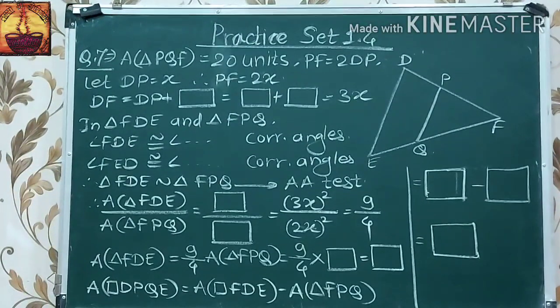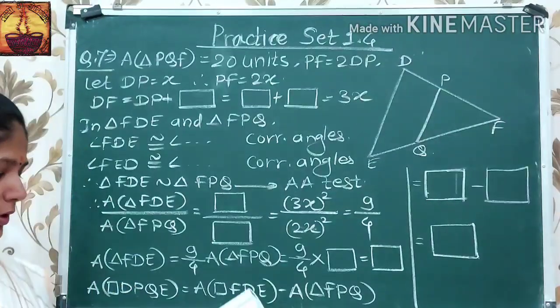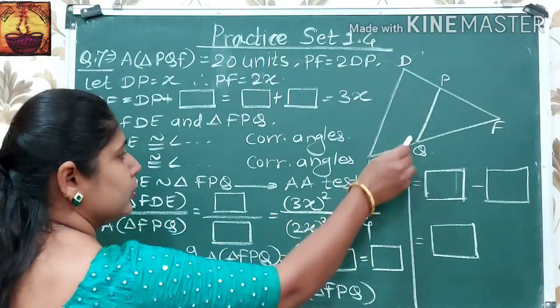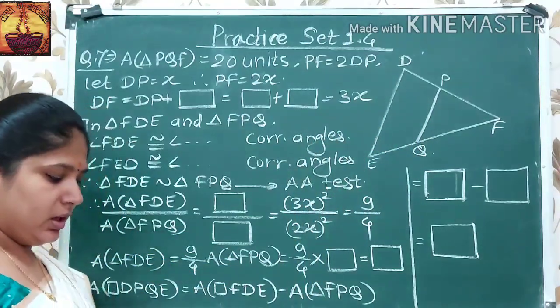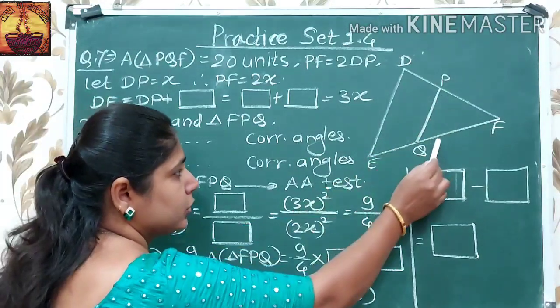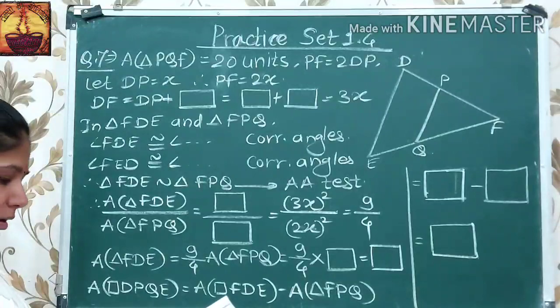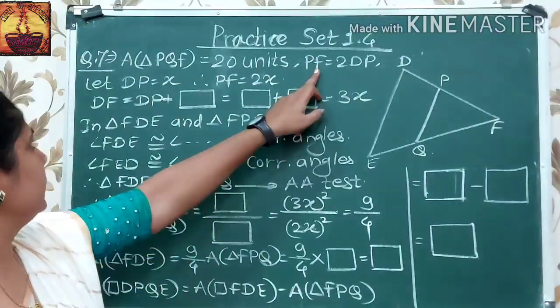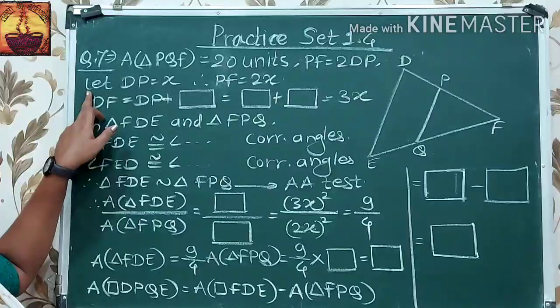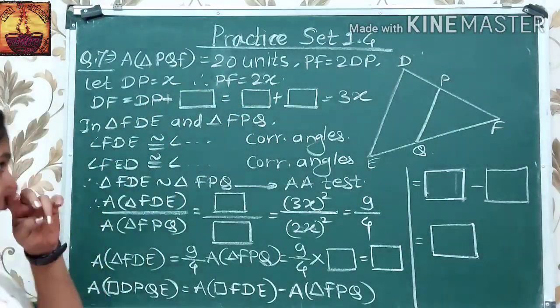Next question is, in the figure, segment PQ is parallel to DE. Area of triangle PQF is equal to 20 units. PF is equal to 2 DP, and let us assume that DP is equal to x and PF is equal to 2x.